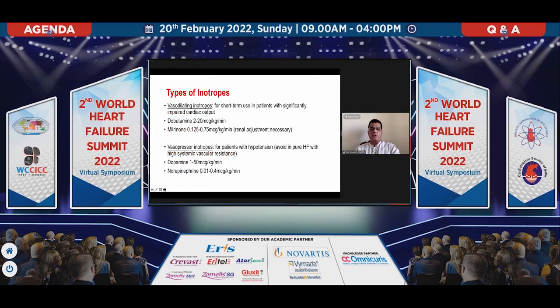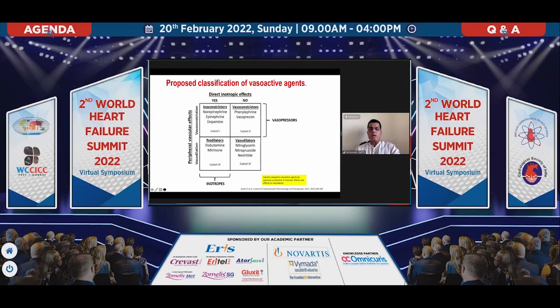Types of inotropes: vasodilator inotropes and vasopressor inotropes. For short-term use, dobutamine and milrinone are vasodilating. They don't have vasoconstriction. Dopamine, norepinephrine, epinephrine, and vasopressin are vasopressor inotropes. This is the classification of vasoactive agents. Direct inotropic effect, yes, they are inoconstrictors, that means norepinephrine, epinephrine, and dopamine.